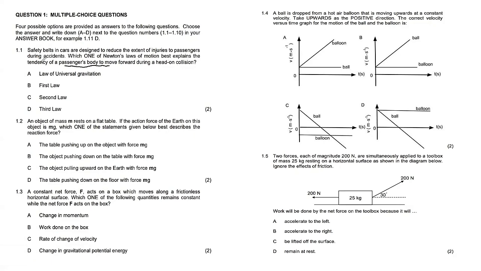So when we are speaking of that, we know that we are speaking of inertia, right? So that's the resistance of the body to its change in motion. And then we know that inertia relates to Newton's first law, right? So when we are looking at the options here, where do we see Newton's first law? We can see it there. It's option B, right?